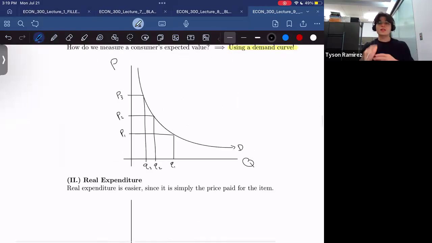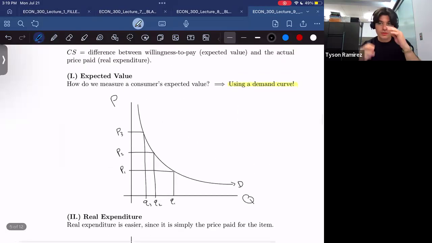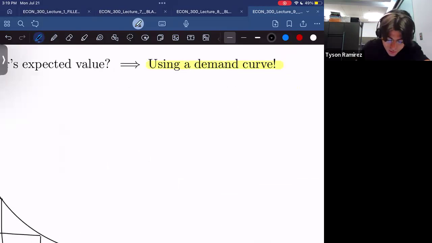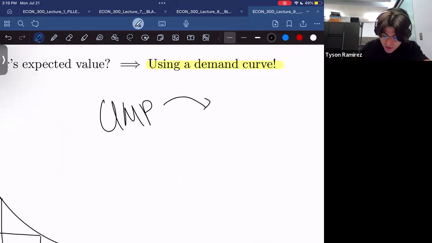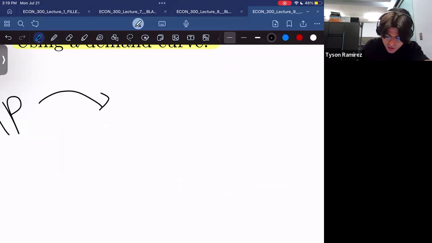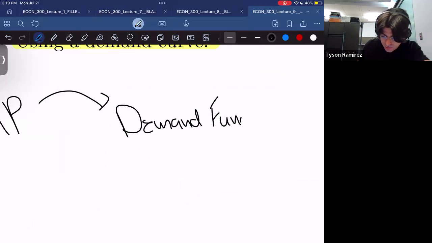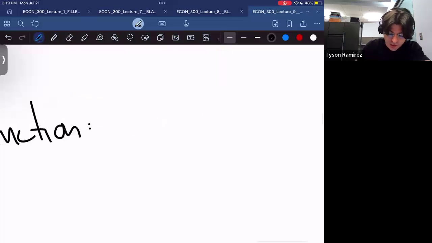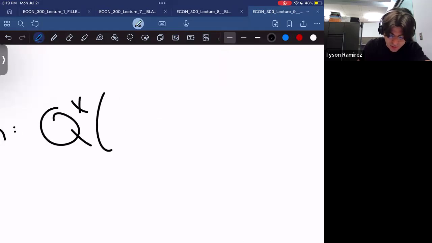So we know how a demand curve was derived. Just to refresh ourselves, from the utility maximization problem, we get a demand function or a demand curve. This is what I had you derive in the challenge problem from the last problem set. You get a demand function, which would be the quantity of X as a function of its price.